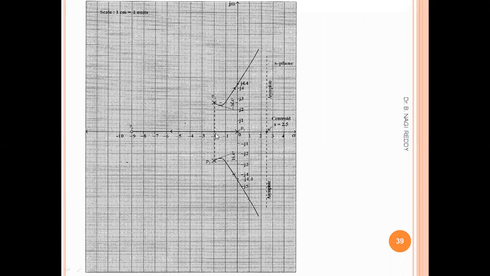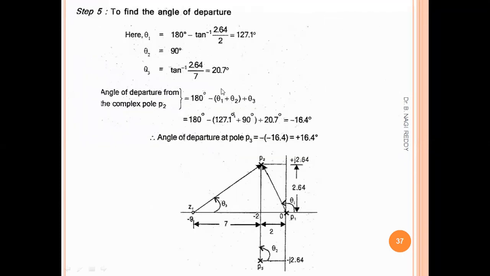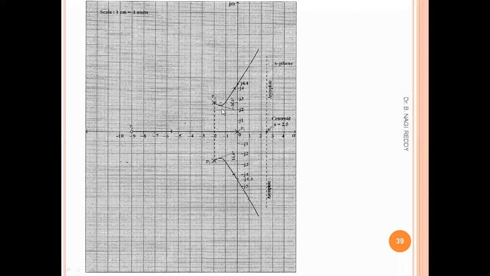Okay. And at P2 and P3, we have got the angle of departure. Angle of departure at P2 is minus 16.4 degree and at P3 is plus 16.4 degree. So use the protractor and draw a small line with minus 16.4 at P2 and draw a small line with plus 16.4 at P3.